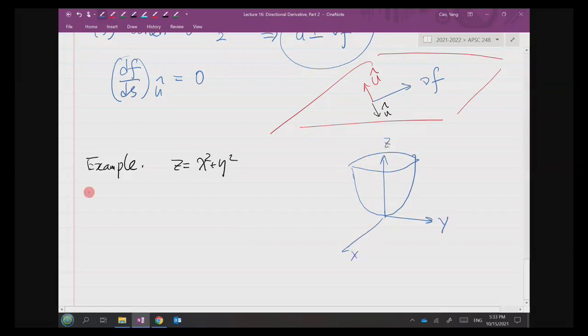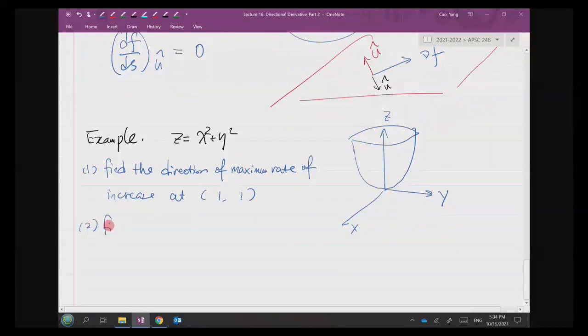Then the first question is, find the direction of maximum rate of increase at 1, 1.